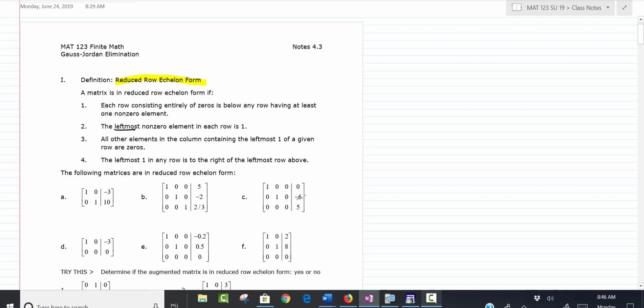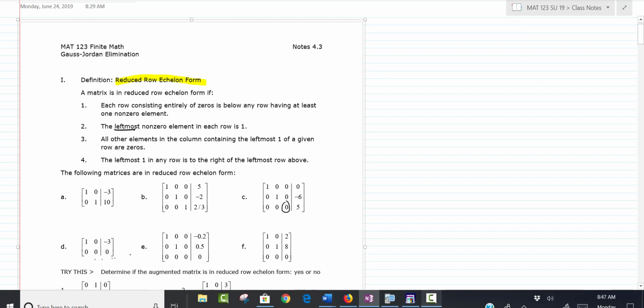This one's also the same as this one, except it's got a 0 there, and that's also okay. You can have a 0 there. That's going to end up being one that has no solution. This one's also okay. Again, don't pay any attention to this part. It's okay to have a 1, 0, 0, 0 like that.